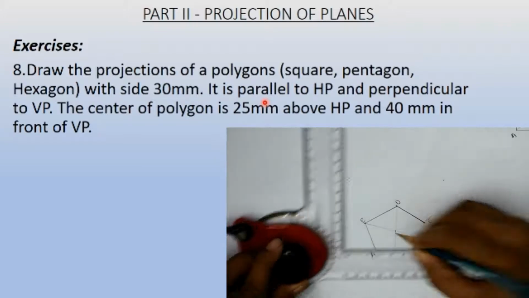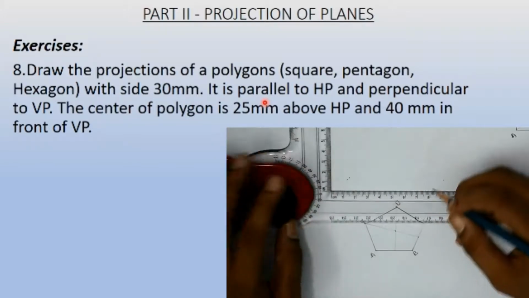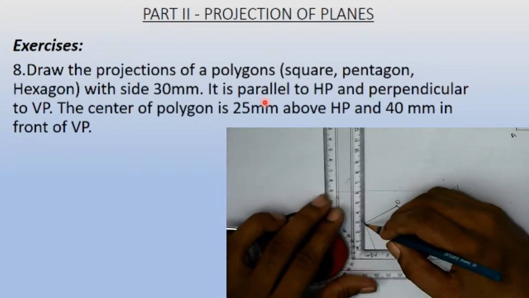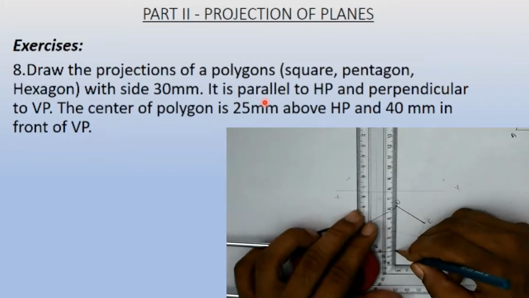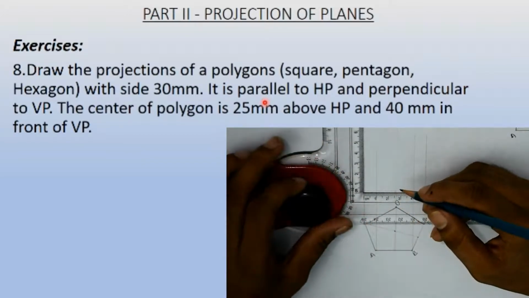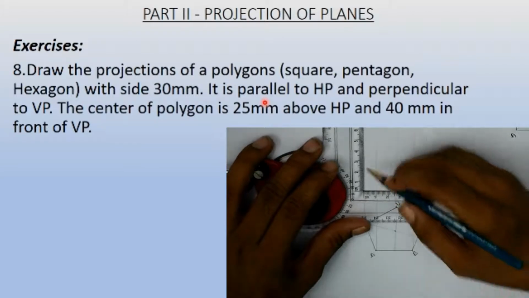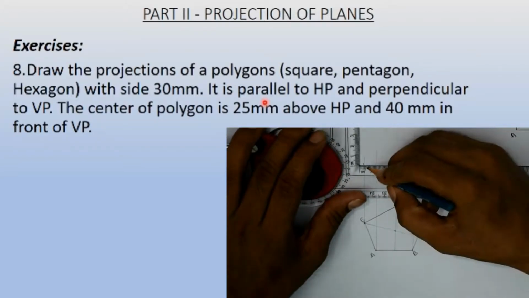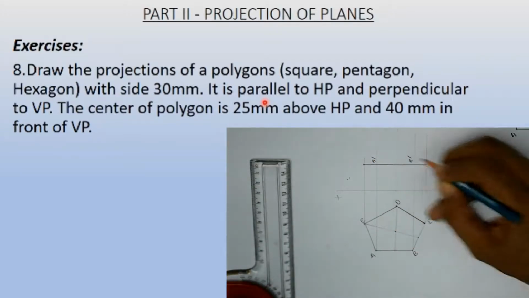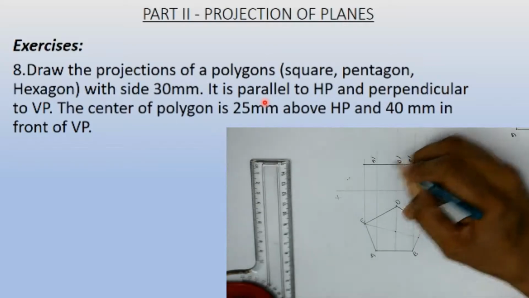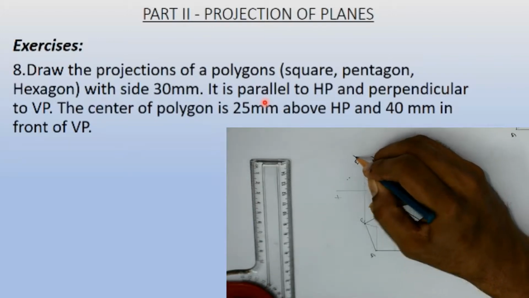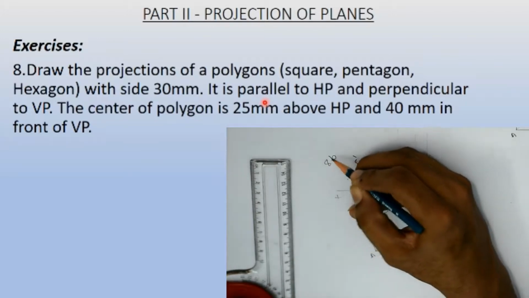So this will become my XY line, and for the front view, I am projecting all these lines. The front view will be 25 mm above HP. So I'm marking a point here, and this line is simply your front view. This point is A dash, this is B dash, this is E dash, this is D dash, and this is C dash. So say this is 8B.